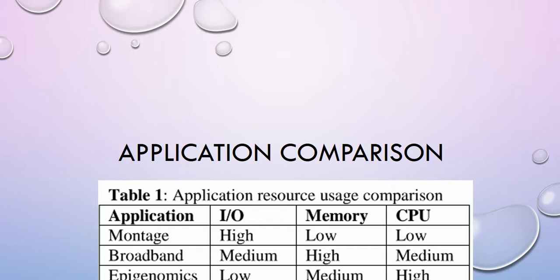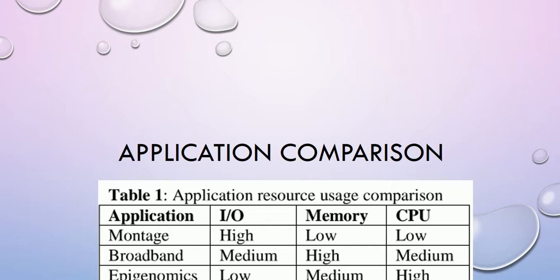Now let's move on to Epigenomics. In this, the CPU is taking the highest priority. Why is it so? The workflow used in the experiment maps human DNA sequence to a reference chromosome 21.